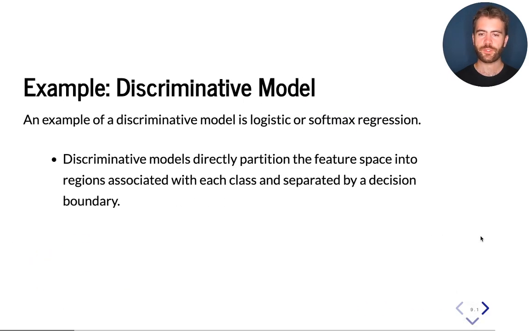So an example of a discriminative model on this data set would be logistic or softmax regression that we have seen before. And another way of looking at what a discriminative model does is that it directly tries to partition the feature space into regions that are associated with each class.